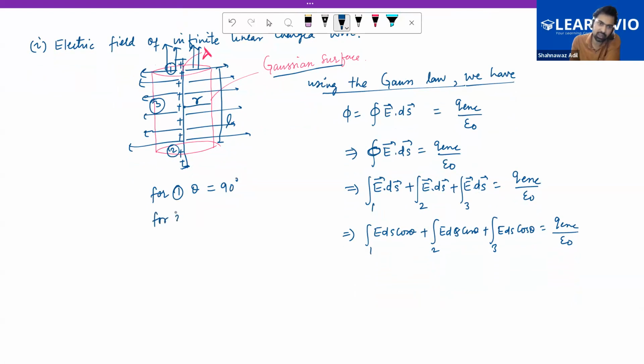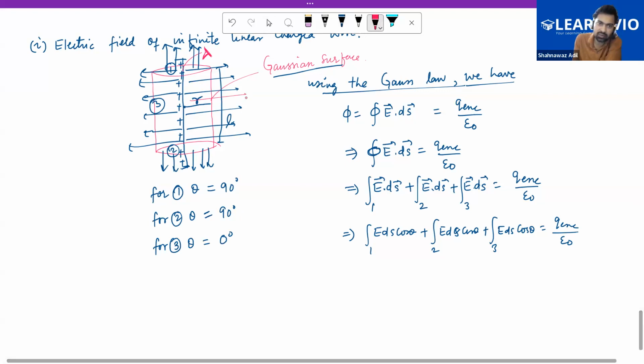Similarly for the second, what is theta? The area vector is this one, so again theta is 90 degrees. For the third one, for the curved surface part, theta is 0 degrees, because the area vector is along the same direction.